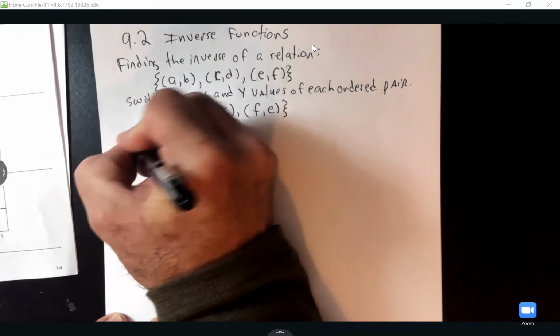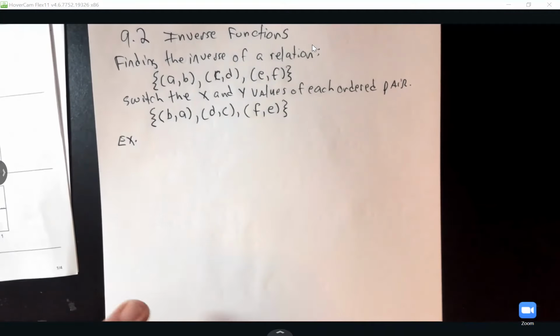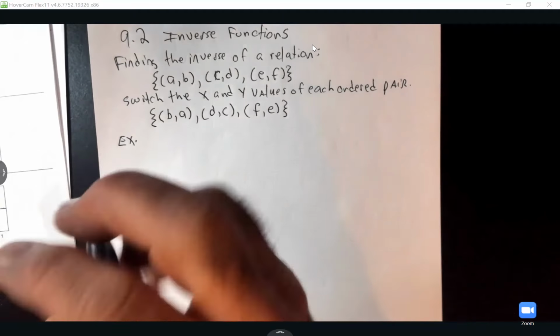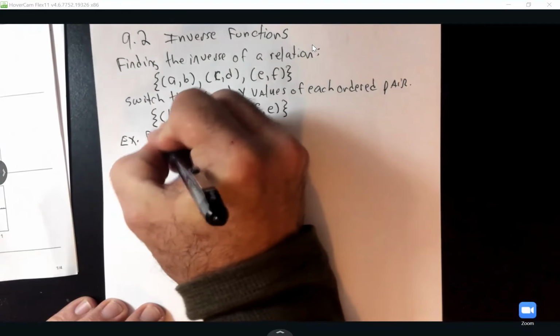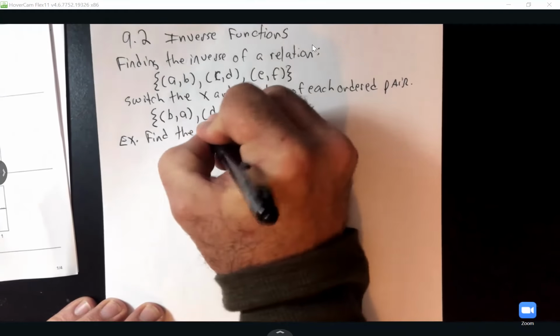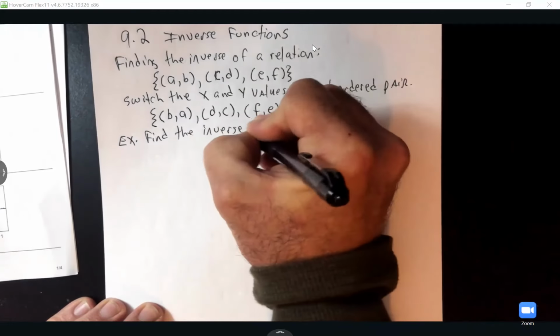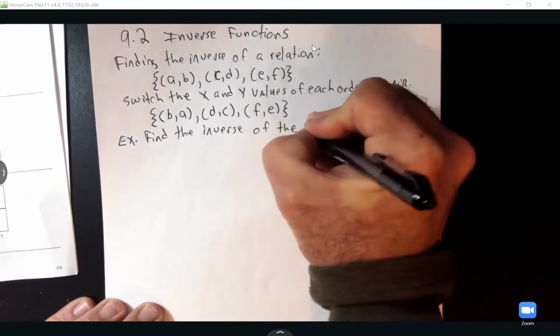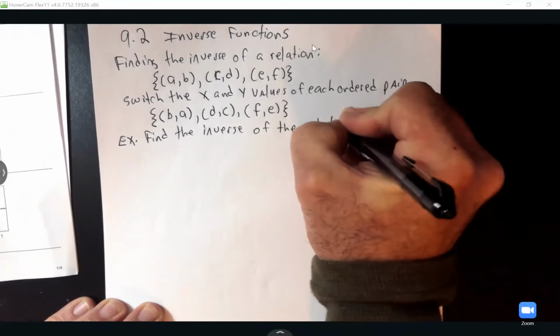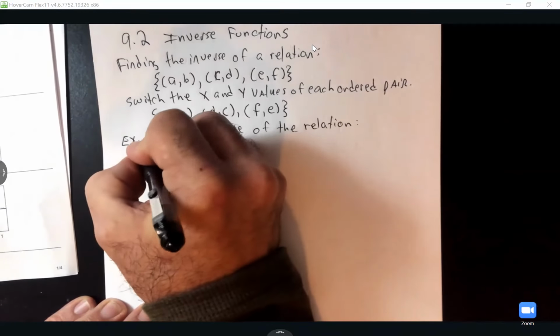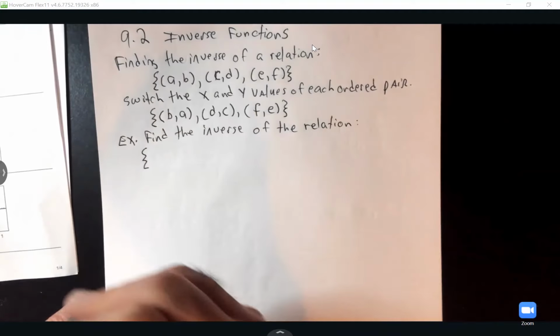So let's try one of those. So we'll do two problems dealing with that kind of theory. So we're going to find the inverse of the relation. And I'll let y'all answer this.